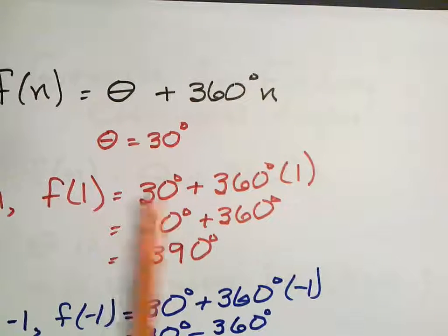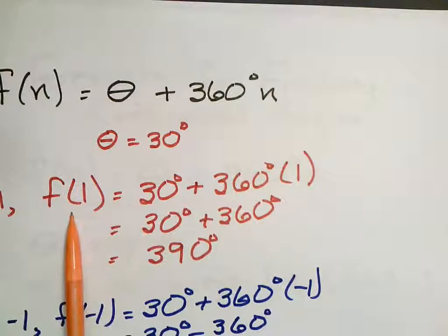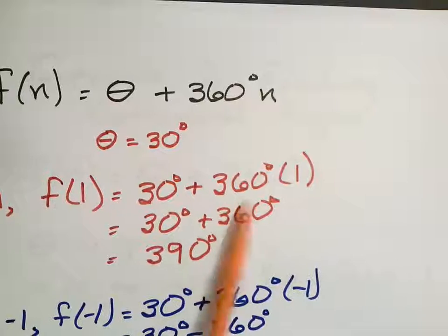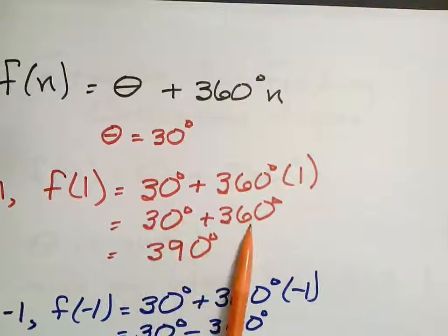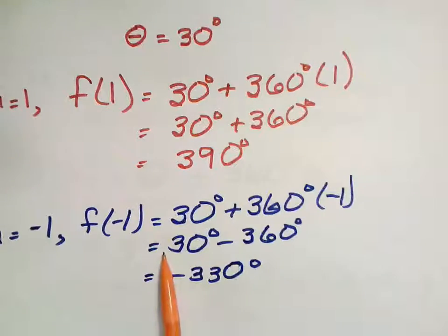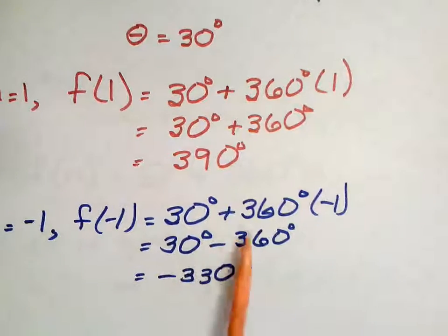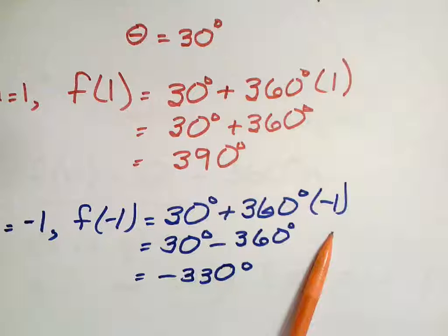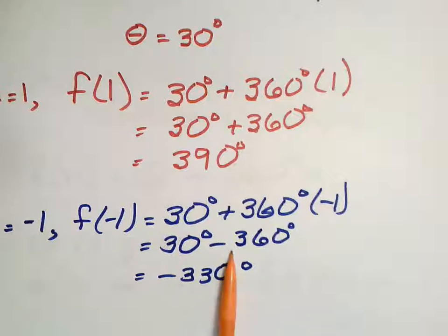If theta is 30 degrees and we let n be 1, then 30 plus 360 times 1, 30 plus 360 degrees gives us 390 degrees. Let's let n be a negative 1. Then 30 plus 360 degrees times a negative 1 gives us 30 degrees minus 360 degrees, which gives us a negative 330 degrees.